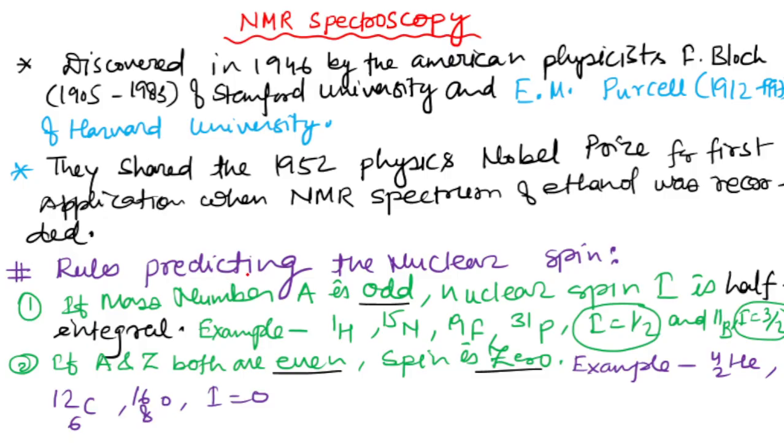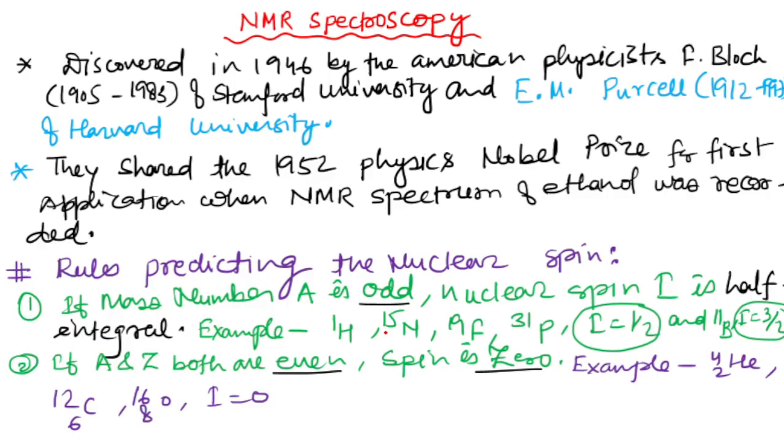Now let's discuss the rules for predicting the nuclear spin. The first rule is, if the mass number is odd, the nuclear spin I value is half integral.